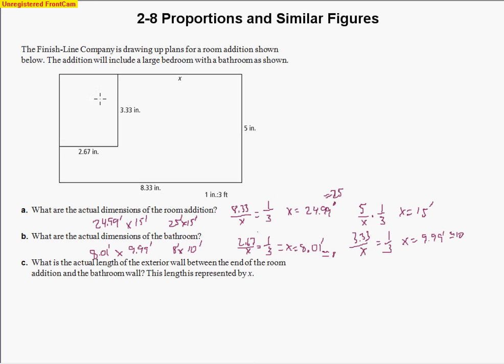So we see that this distance is 8 feet. This entire distance, though, is 25 feet. So the value of x would be the subtraction of 25 minus 8 to give me 17 feet. So those are the types of problems you're going to see on tonight's homework.